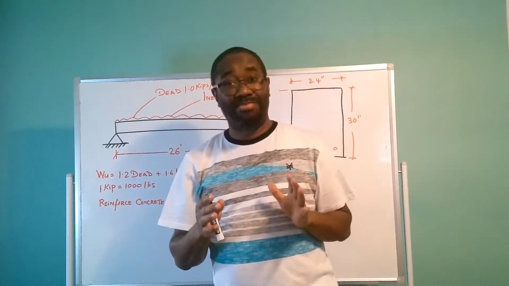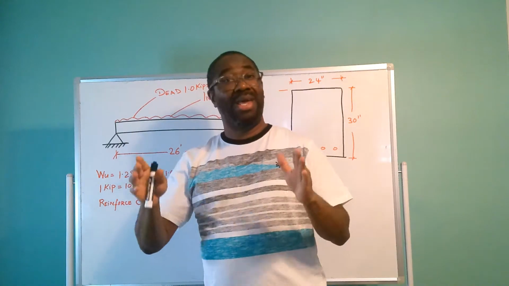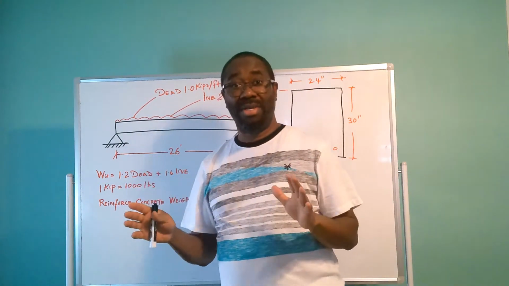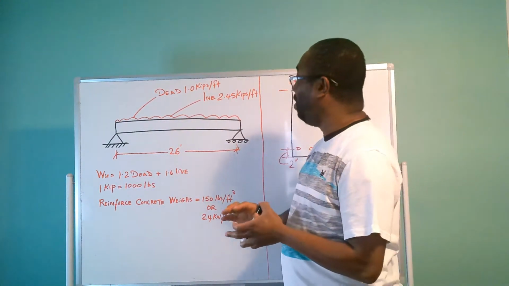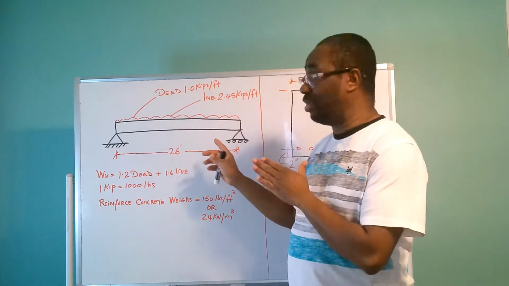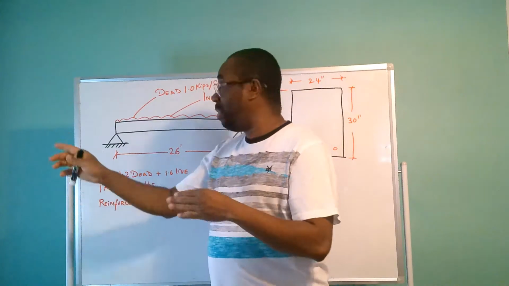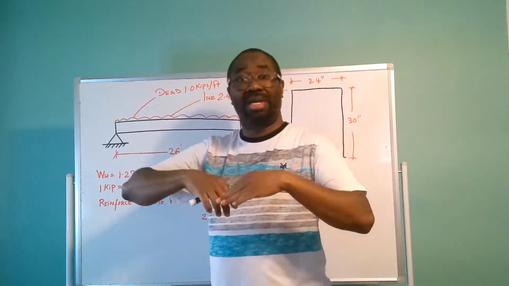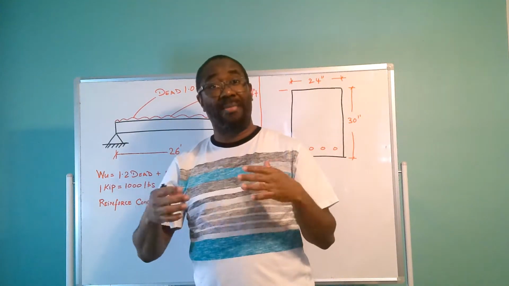So this beam is a very heavily loaded beam. Imagine a beam carrying a dead load of 1,000 pounds per foot. Every foot along this beam is 1,000 pounds. That is quite massive.